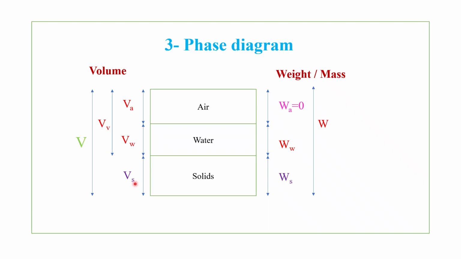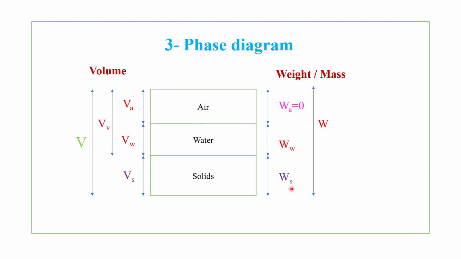Vs is the volume of solids, Vw is the volume of water, and Va is the volume of air. Volume of voids Vv is the sum of volume of water and volume of air. Total volume V is the sum of Vs and Vv, that is Vs plus Vw plus Va.